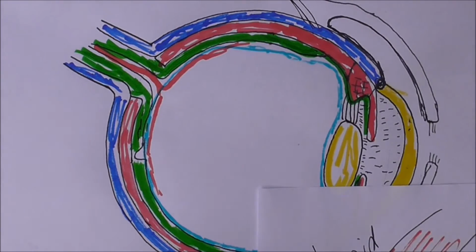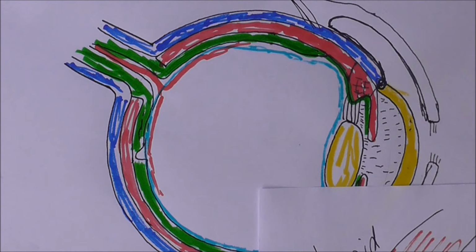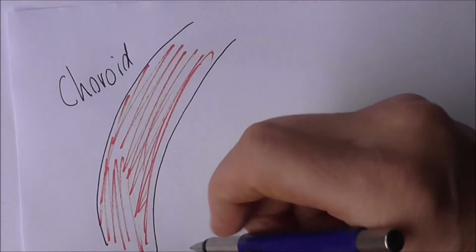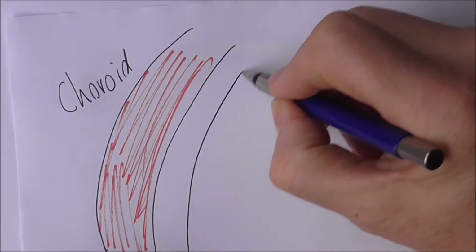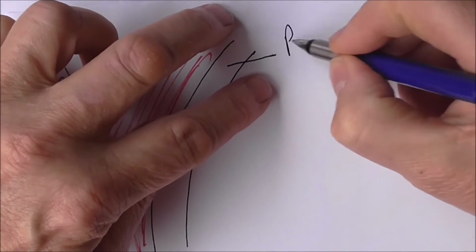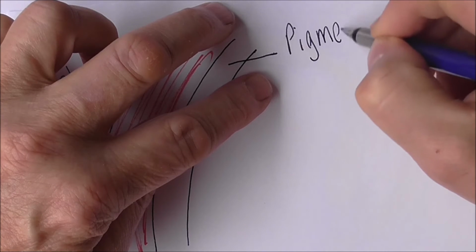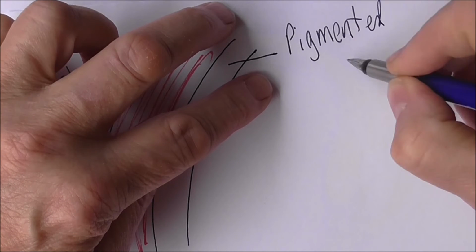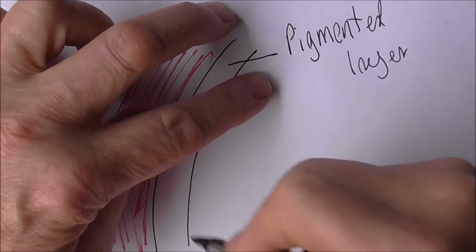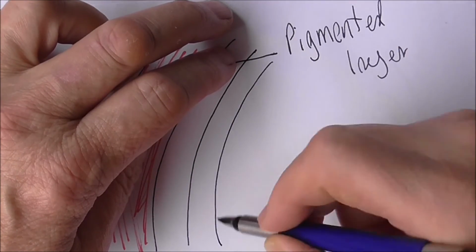See the red choroid layer in the original diagram. And the retina is in two layers. The pigmented retina, the pigmented layer, and on top of that the neural layer.